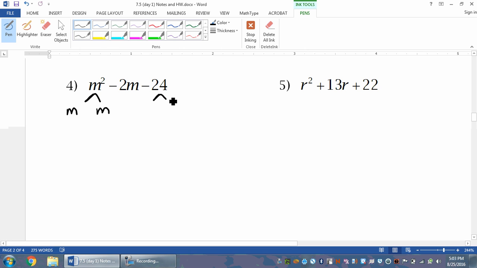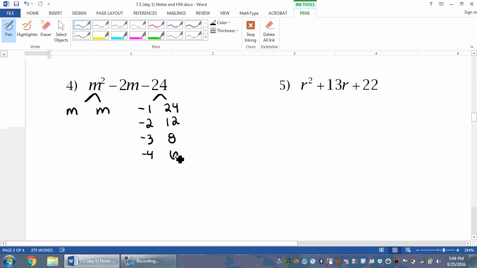Remember, when I write factors of a negative number, one number is positive, the other is negative. Let's start. Negative 1 and positive 24. Negative 2 and positive 12. Negative 3 and positive 8. Negative 4 and positive 6.